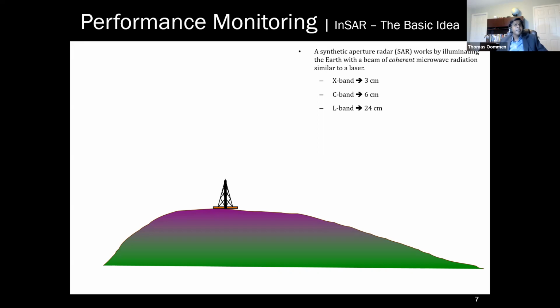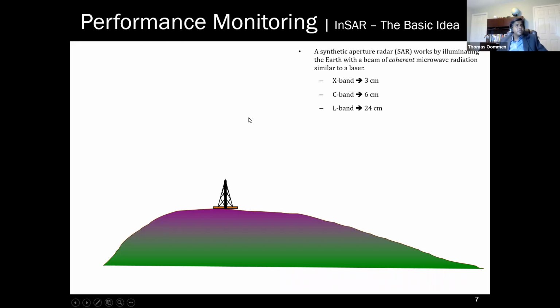And when that radiation touches the Earth and it returns, you get actually two measurements. You get an amplitude and you get a phase. And the phase of a radar can be utilized to make accurate distance measurements or change in distance.